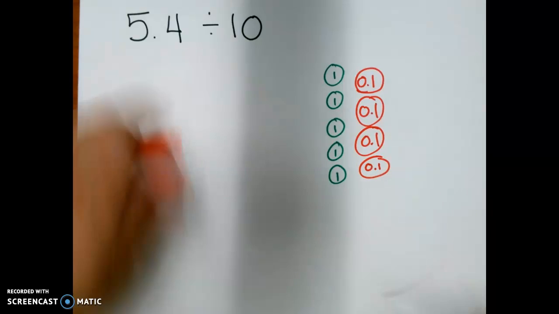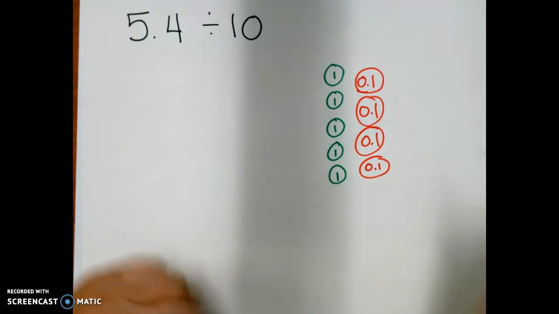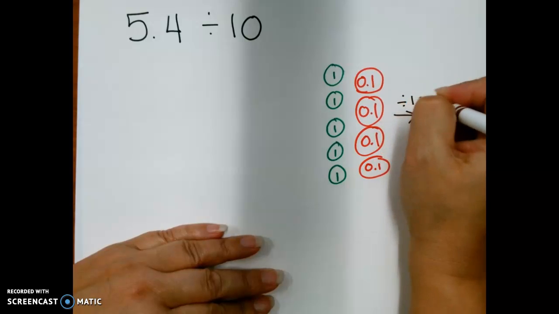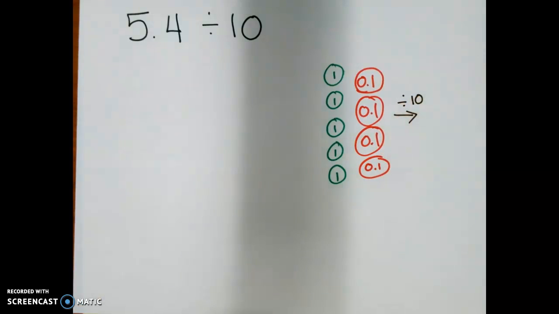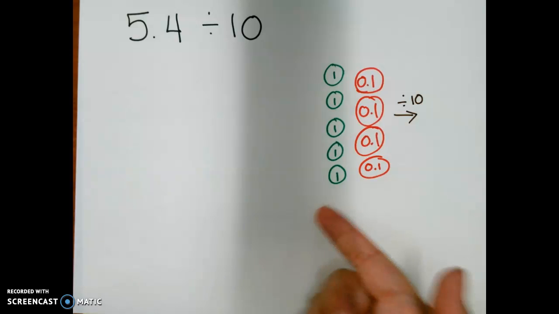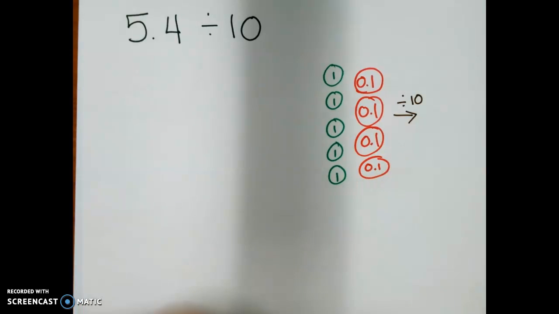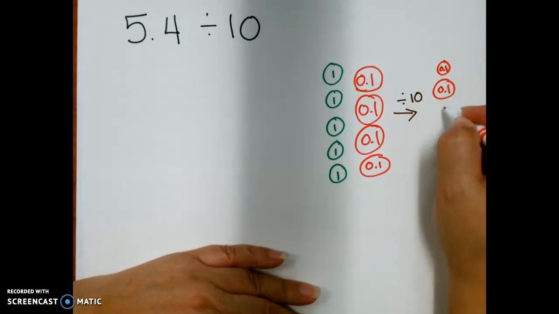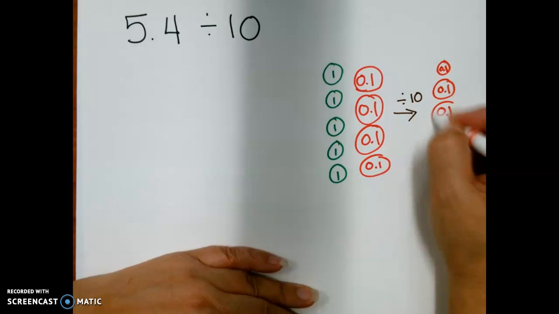There's my 4 tenths. I'm going to divide that by 10. Now, what happens when I divide 1 by 10? I get 1/10. So now I have 5 tenths.